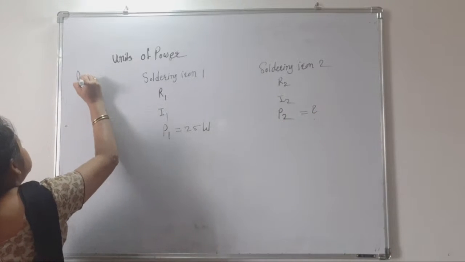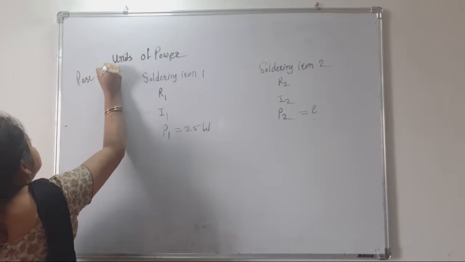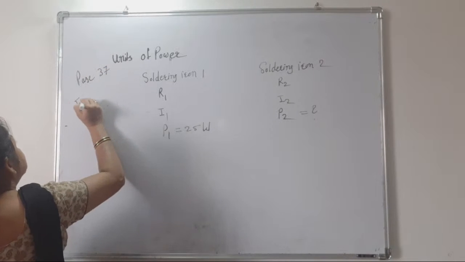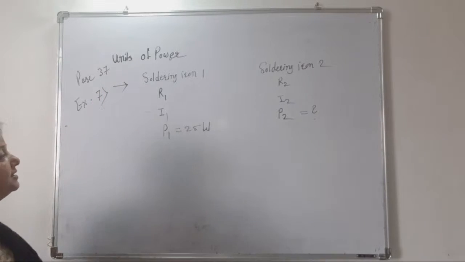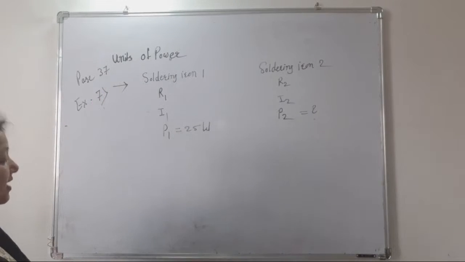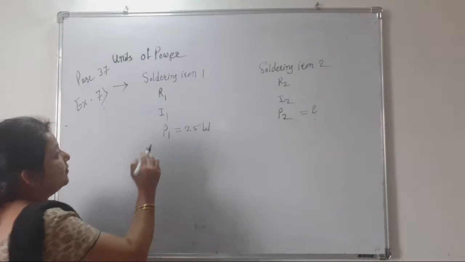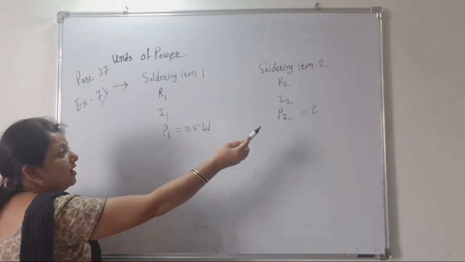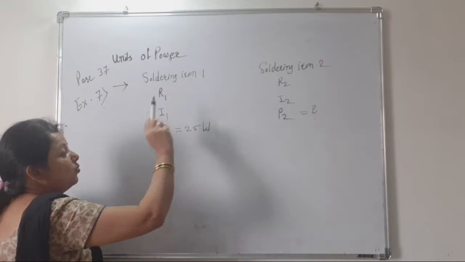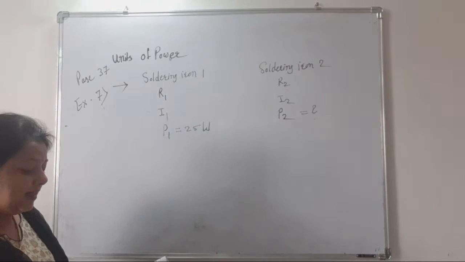Write down page number 37 and exercise 7. Exercise 7 numerical. This is the given data: the power rating of the first soldering iron is 25 watt. Calculate the power rating of the second iron, and what hint is given?